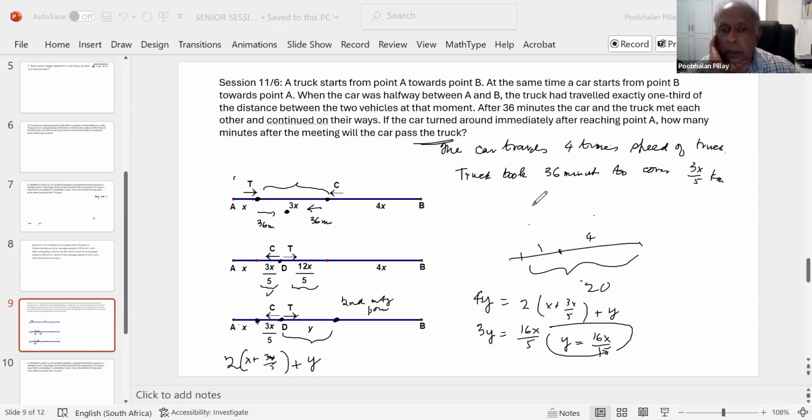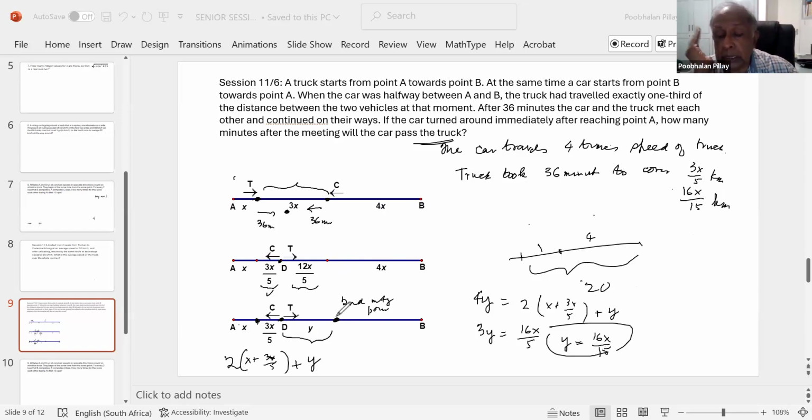Right? So it took, as I put down here, 36 minutes to cover 3x over 5. But now the truck is going to cover 16x over 15. That's why. So the truck now would have covered 16x over 15 kilometers.